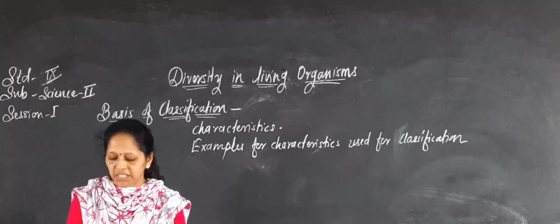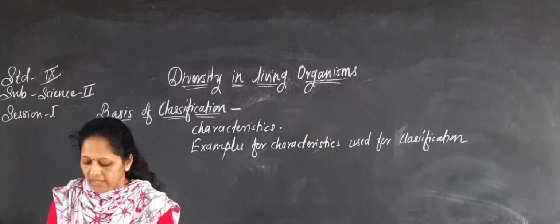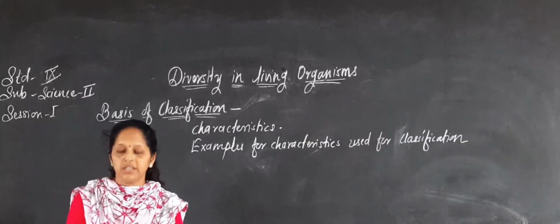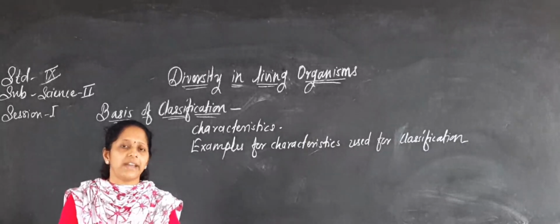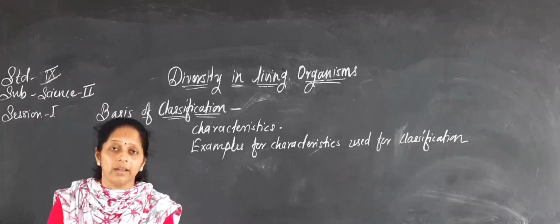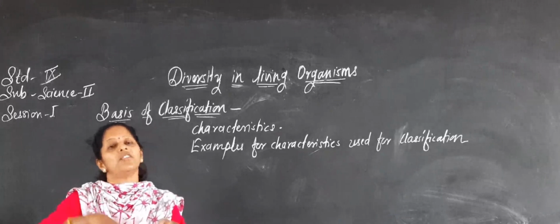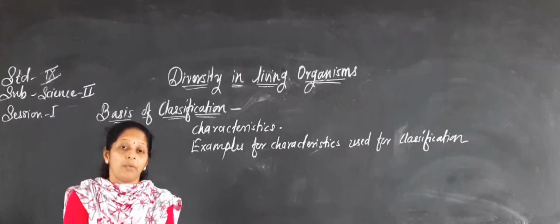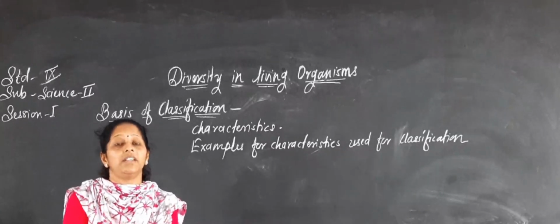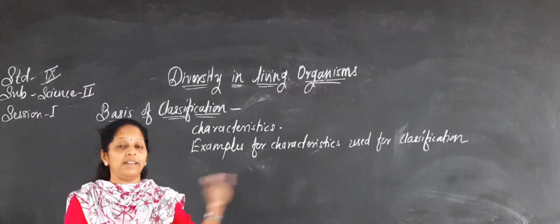This process of classification within each group can continue using a new characteristic each time. For example, plants are a broad group, with characteristics very different from the animals.